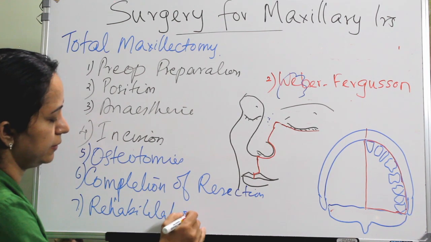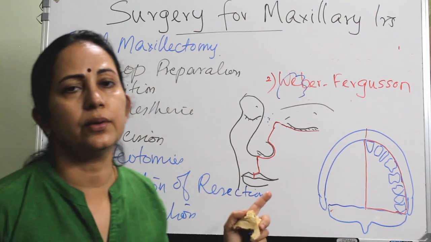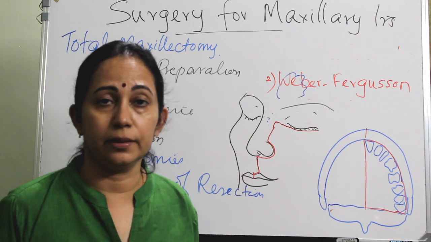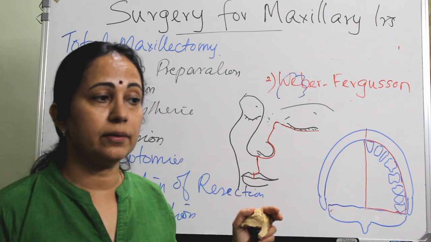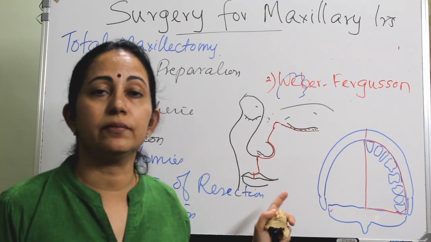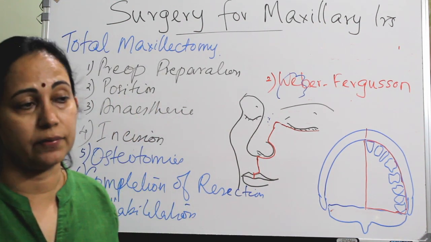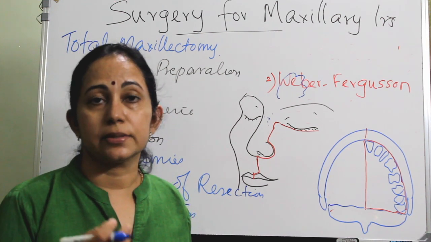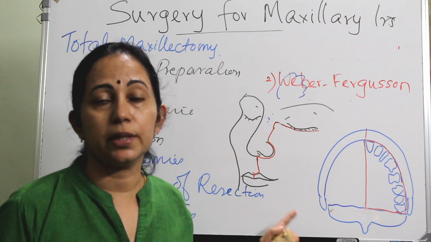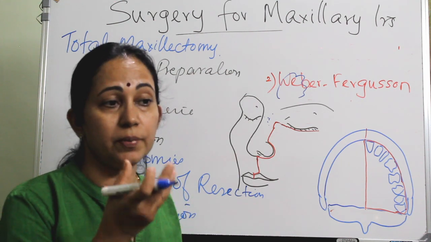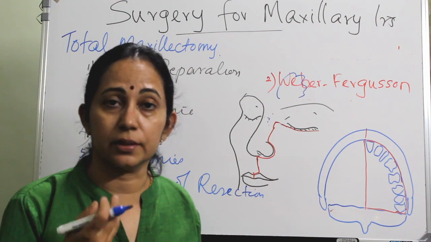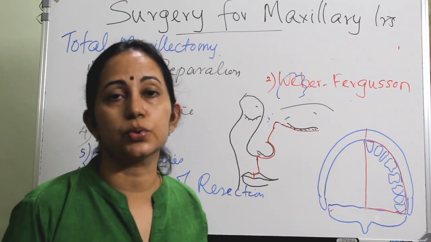By carefully doing the work, a very good healed cavity can be made. So ideally the healing is very fast, but even then we keep a split skin graft in the cavity, and immediately after surgery a temporary prosthesis has to be inserted. Otherwise, immediately post-op, there will be problems with swallowing, feeding, and also cosmetic problems.